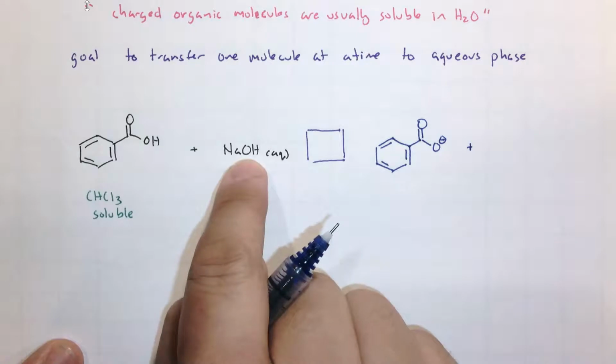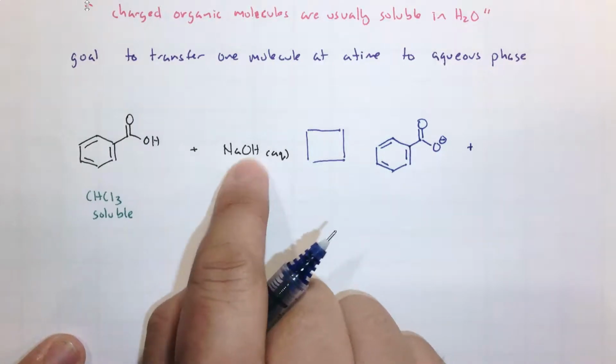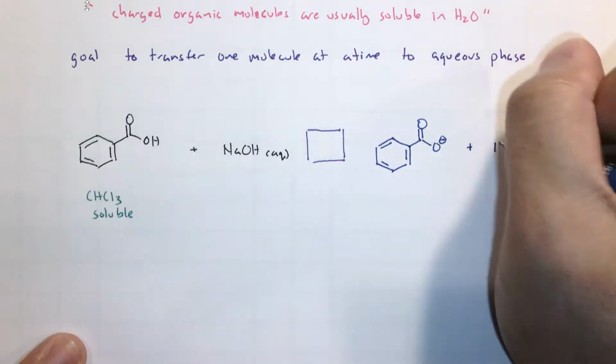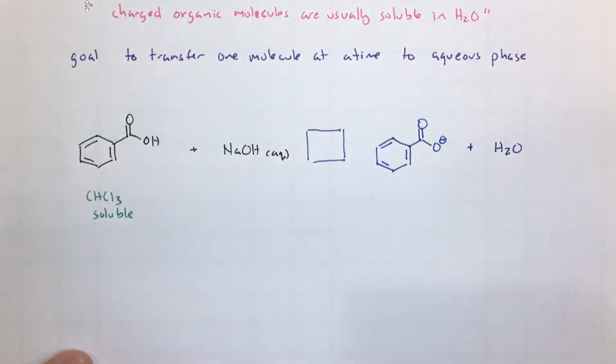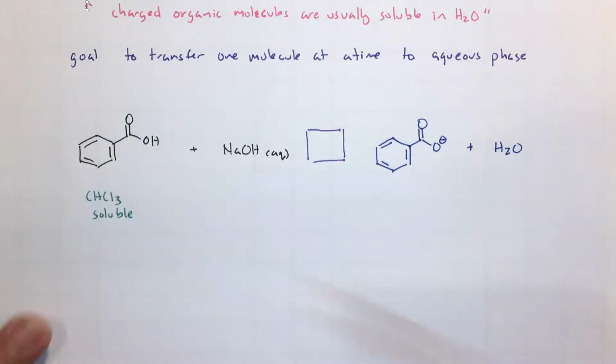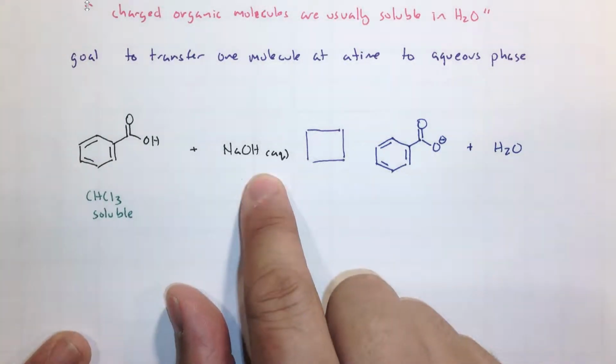You have to visualize this as separated, Na plus OH minus. The OH minus grabs the acidic proton, and it actually becomes water. Here we have a charged molecule.